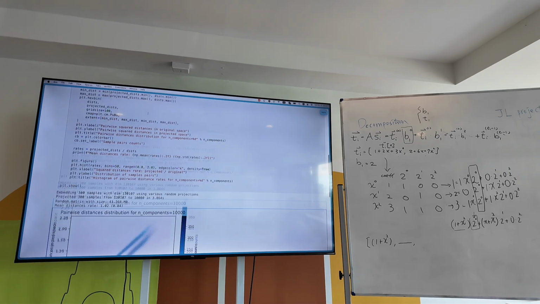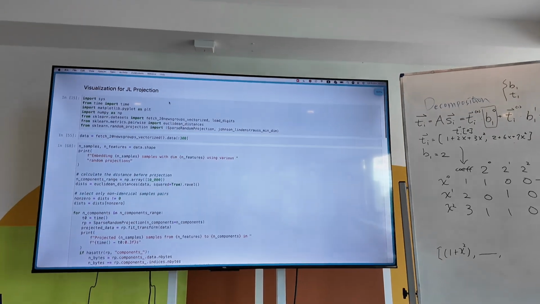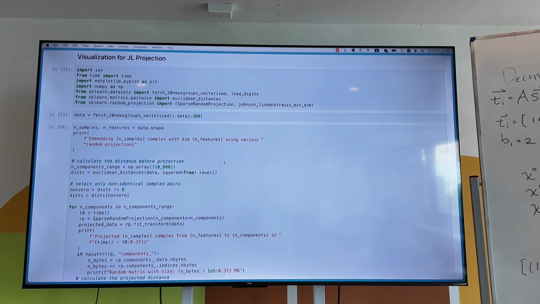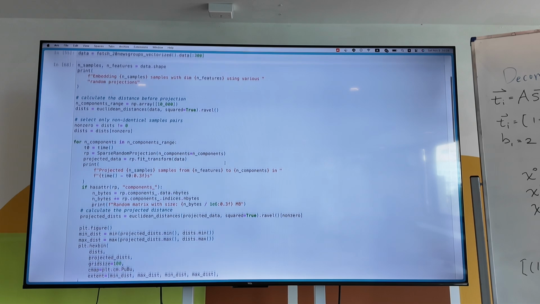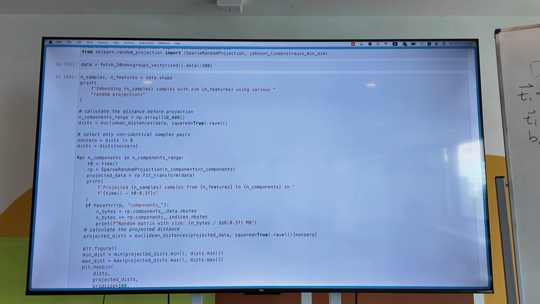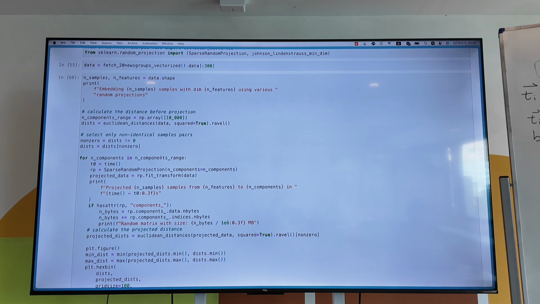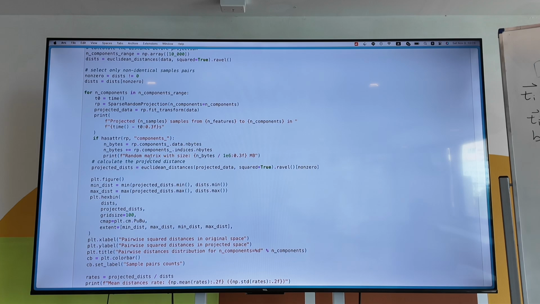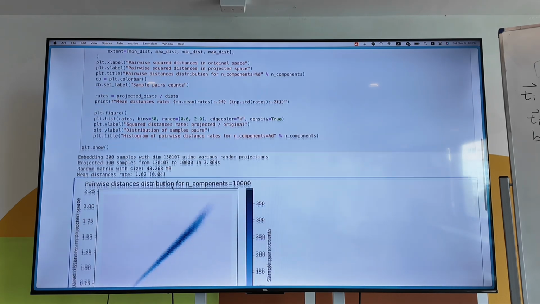Yeah, so what it's doing is taking data from a data set that has around 130K data, and then it's calculating the L2 norm, the Euclidean distance, first before projection, and then it projects to a lower dimension and calculates the Euclidean distance again.